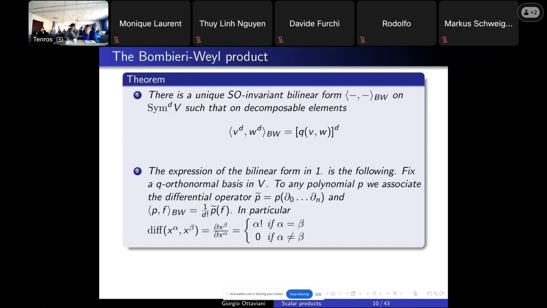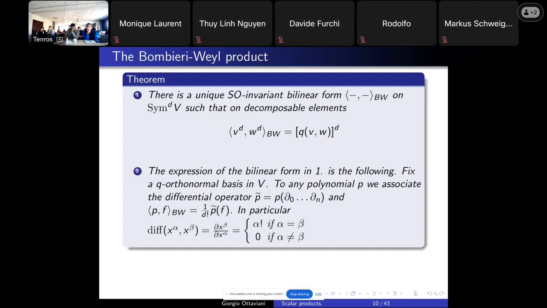This is the dual ring of the other. And then the rule is the following. If you want to construct the product of P and F, you perform P tilde applied to F. And to normalize, you have to divide by a scalar, but this is not important. And you see, for example, what happens in the monomial basis.